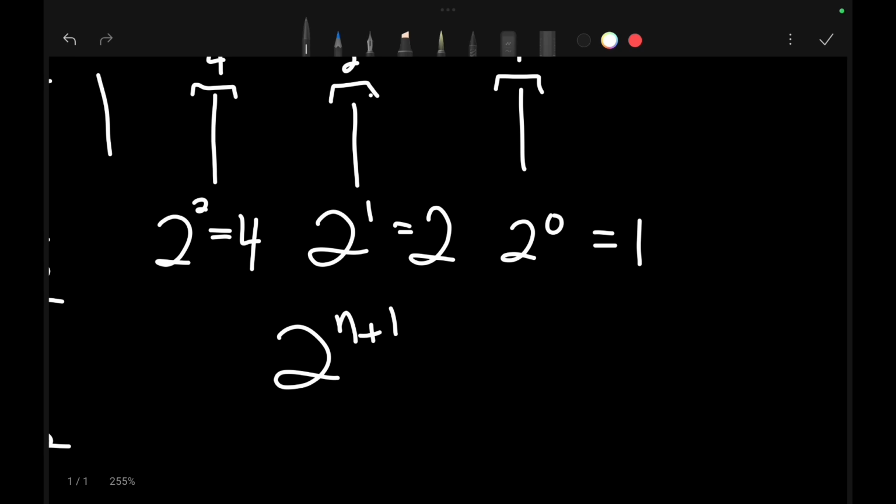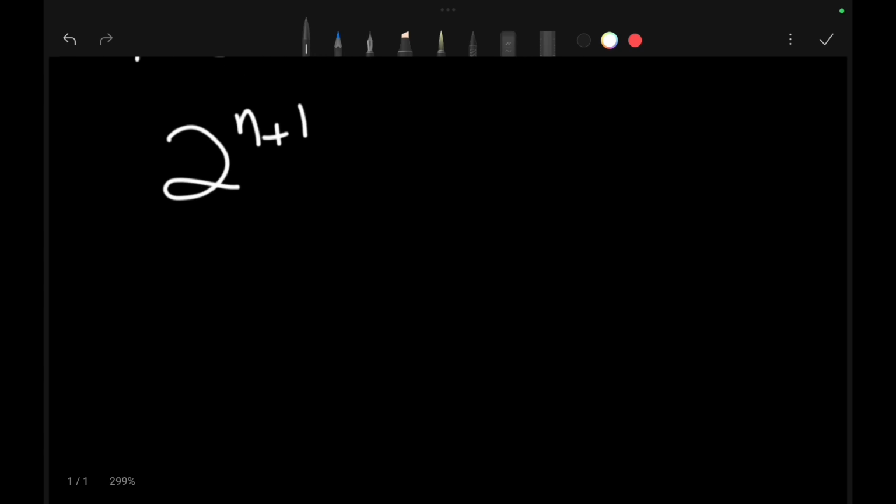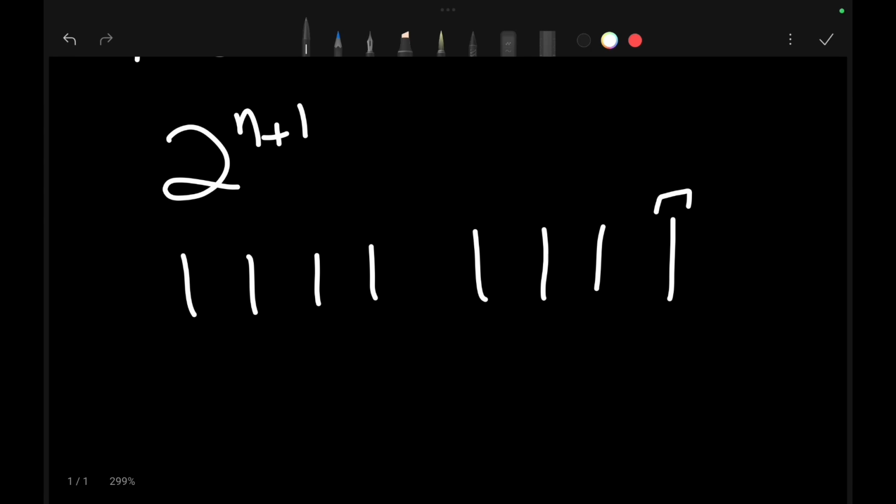Calculating, let me give you an example: 1 1 1 1 1 1 1 1. Now there are eight 1s. Usually this is set automatically as 2 with the power of 0.